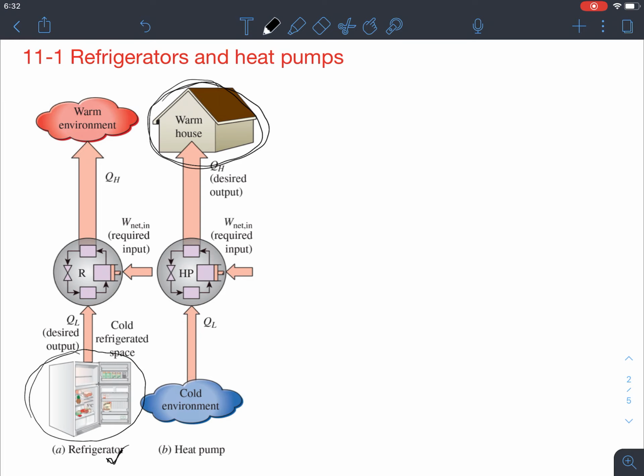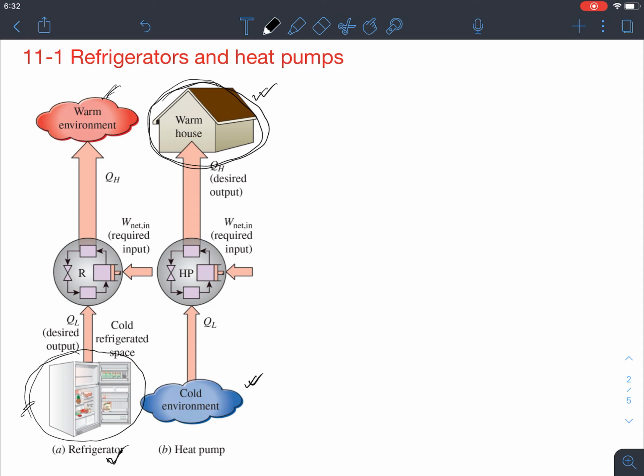So you can see the difference between the heat pump and the refrigerator. Basically the refrigerator is operating between two thermal reservoirs, right? One is high temperature and another is low temperature, and the heat pump is also working between two thermal reservoirs, one high temperature, another low temperature.